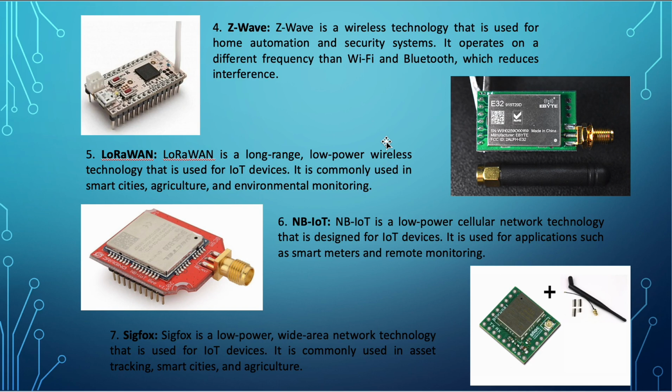Most of the cellular connectivity is comparatively good in respect to other countries because there's a very small land mass to cover. So when we talk about smart meters, we can use this technology to take advantage of the cellular coverage we have around the country to make this smart IoT device work, right?